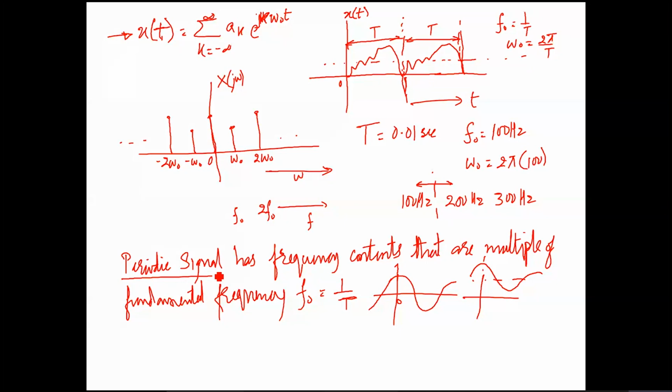And the fundamental frequency of a periodic signal can be found from the repetition time period, T. Just take the reciprocal of that, and it will give you F naught. So F naught is here. And omega naught is the angular frequency. Angular frequency is linked with frequency by just this 2 pi factor.